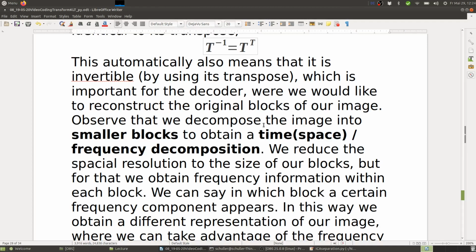Observe that we can decompose the image into smaller blocks to obtain a time or space and frequency decomposition. So we have both frequency inside the blocks and space for the position of the blocks. We reduce the spatial resolution to the size of our blocks, but for that we obtain frequency information within each block. We can say in which block a certain frequency component appears.